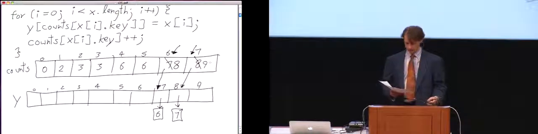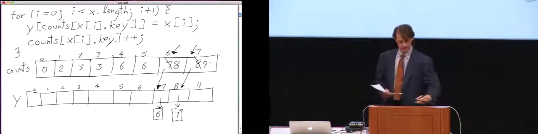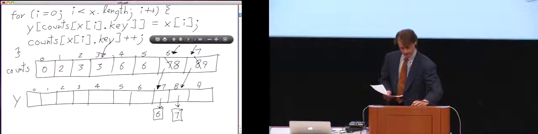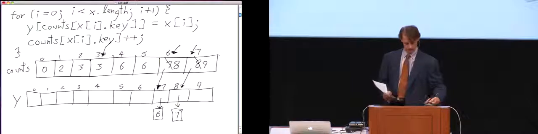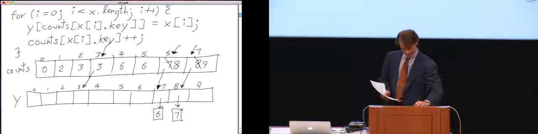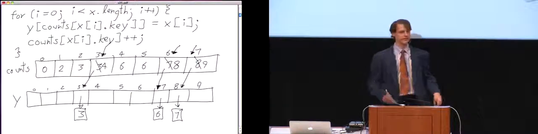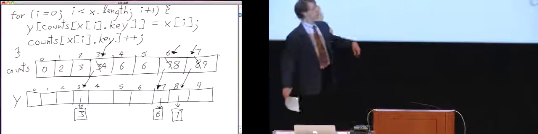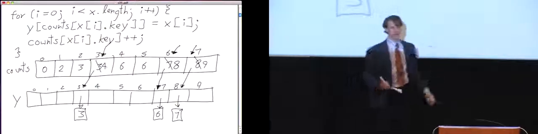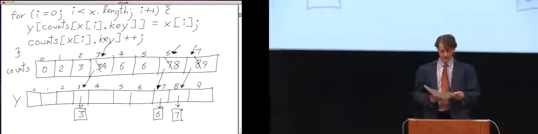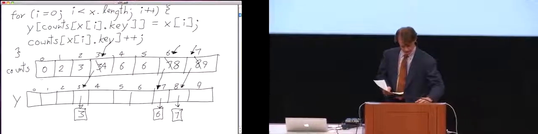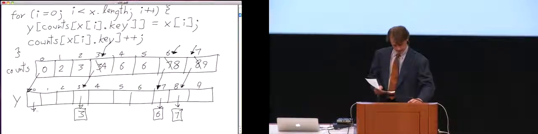And continuing our way through the list, our next number is a 3. So we look in location 3, and it says put the 3 at index 3. So that's what we do. And then we increment that 3 to 4 so that the next 3 that comes along will go here. Now the next key is a 0, so we know put that in the 0 slot.